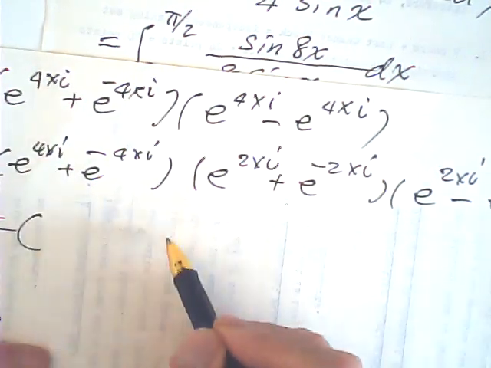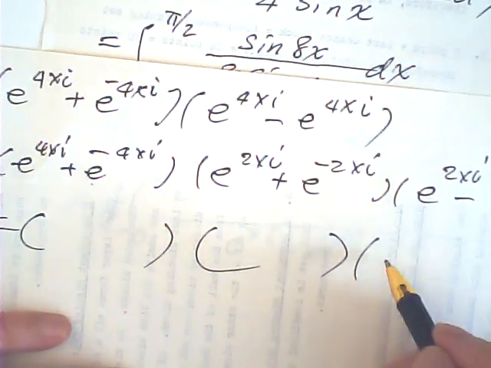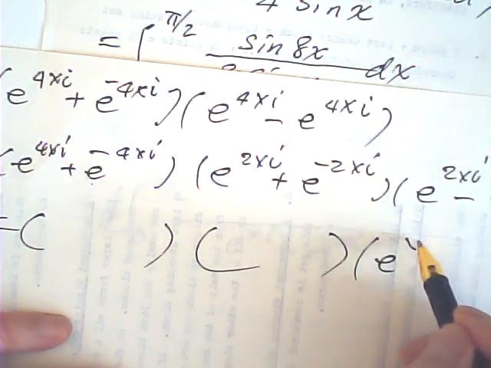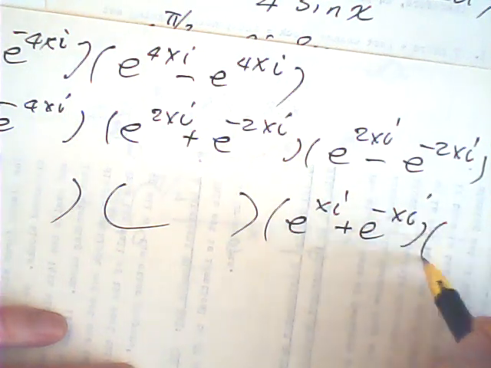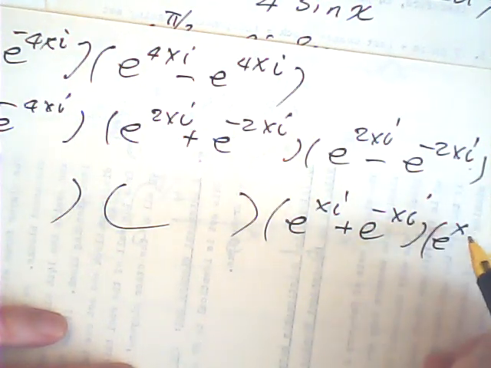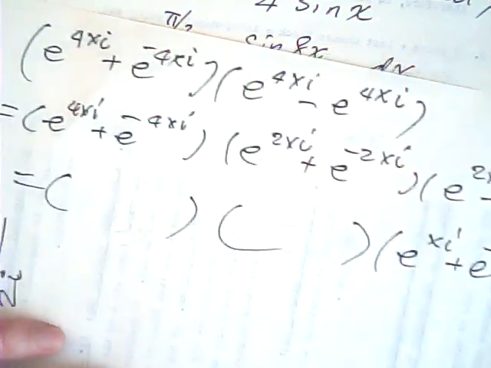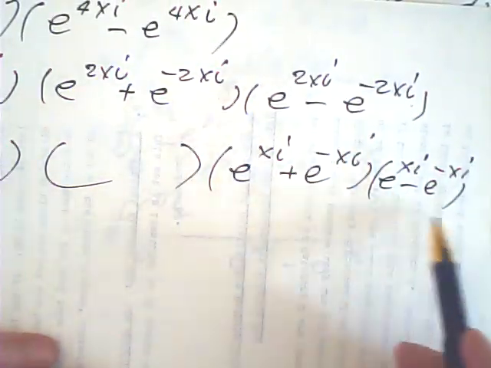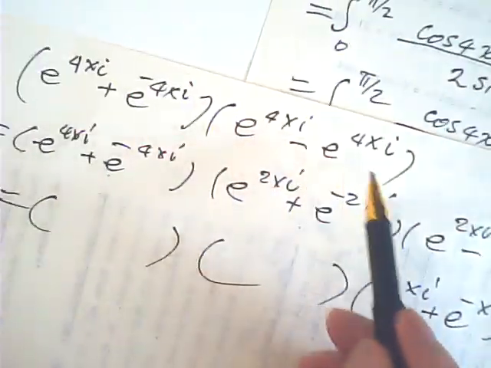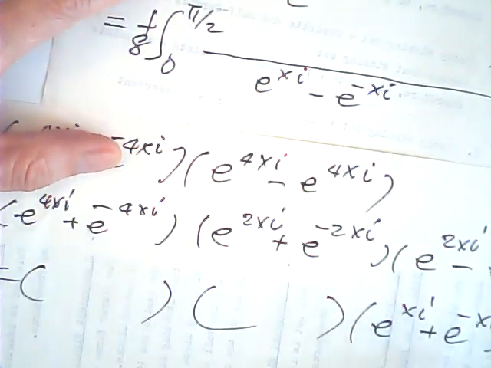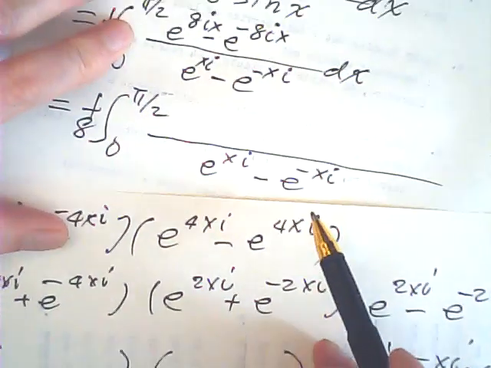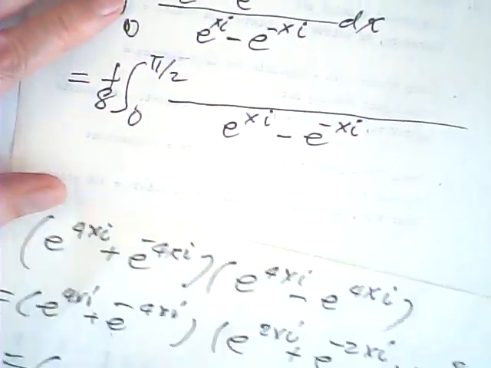So this one equals this times e to the xi plus e to the negative xi multiply e to the xi minus e to the negative xi. Okay, this is this, this is this. What do we have here? And then this cancels with the denominator, right?